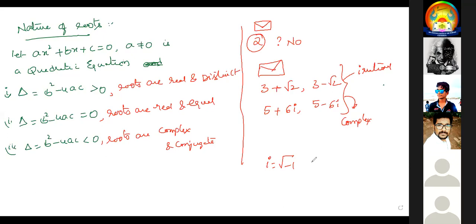The same with 5 plus 6i and 5 minus 6i. Please copy it. Nature of the roots, please copy it.